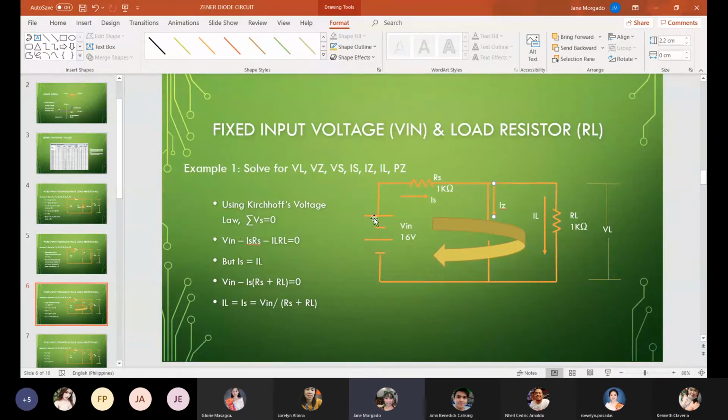So starting from the input, yung battery, yung longer, this is positive, this is negative, tama? Yung sign ng battery, okay? So lalabas sa positive. Kaya positive V in, and then pag same direction ang current and the loop, anong assumption natin?